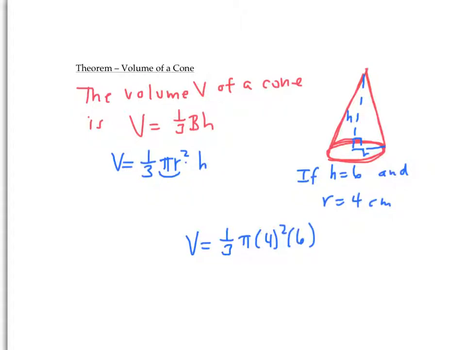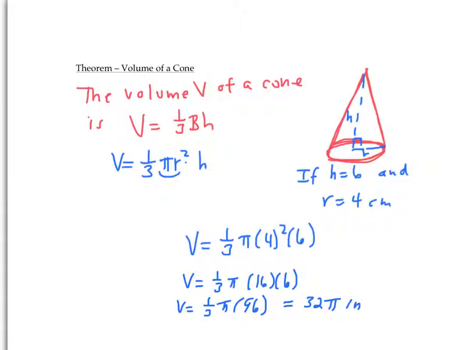Volume will be equal to 1/3 times pi times 16 times 6, or volume equals 1/3 times pi times 96. And if you take 1/3 of 96, again we get 32. Then we need the pi on the end, and we need centimeters cubed, because again it's a volume, so it needs to be in cubic units.